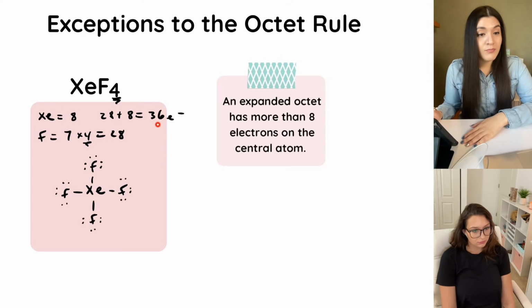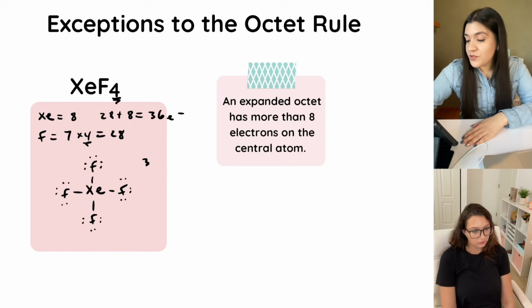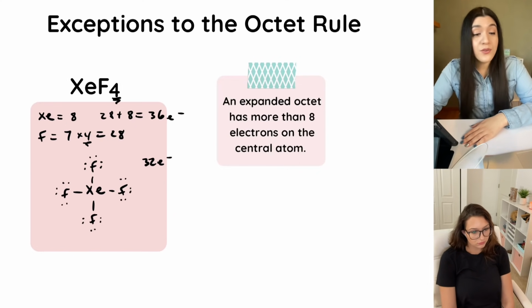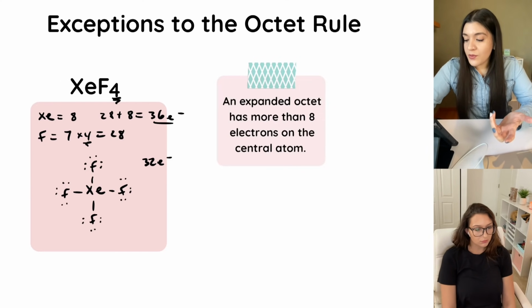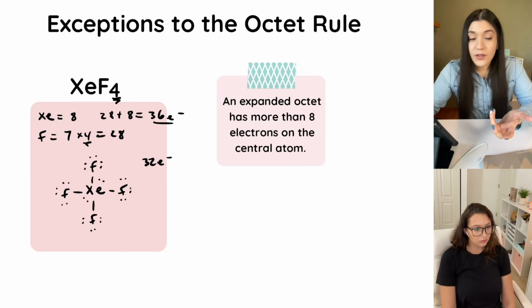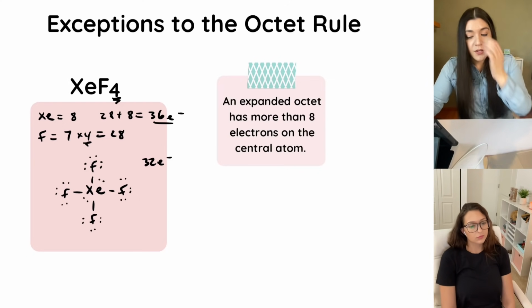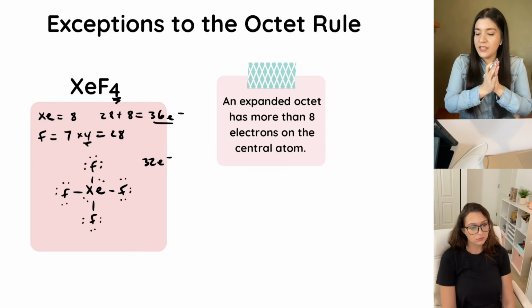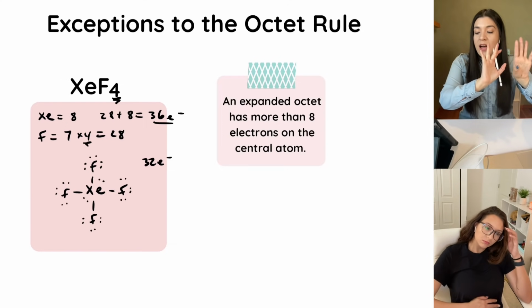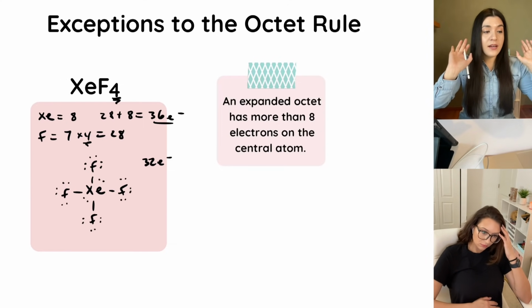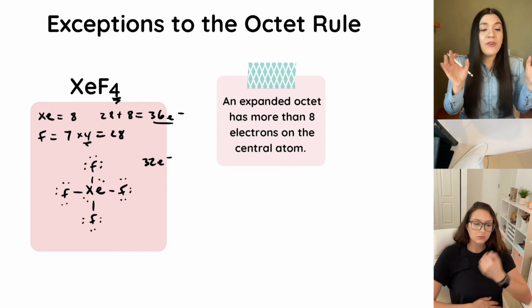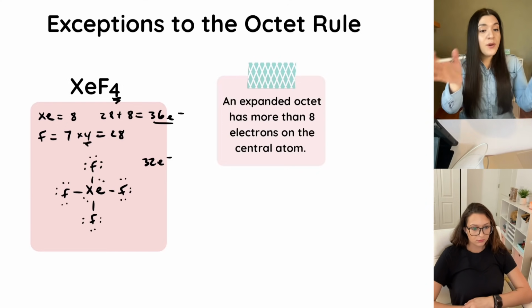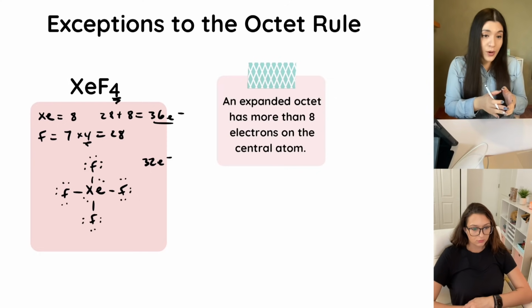We need more. So right now this only has 32 valence electrons. We need 36, so we need to add 4 electrons. That means we're going to add 2 lone pairs on the central atom. Something to note is that whenever you put all of the electrons on the elements surrounding it, on the outside, and you don't have enough valence electrons, then you come back to the central atom and add more.